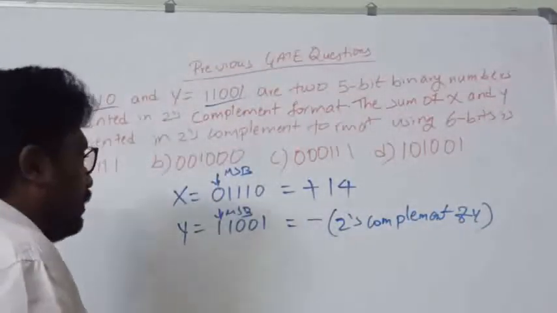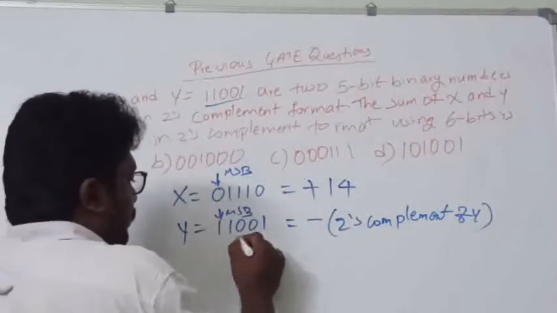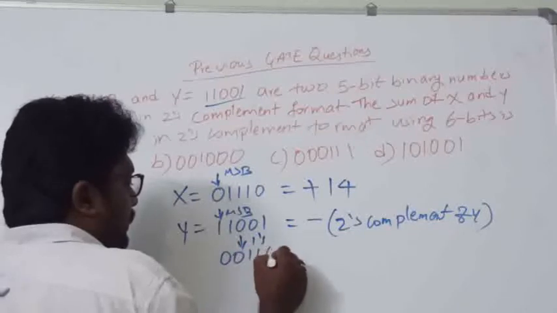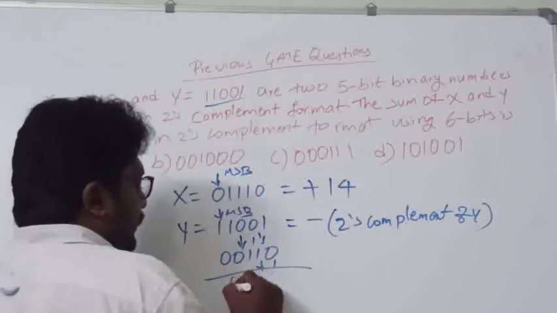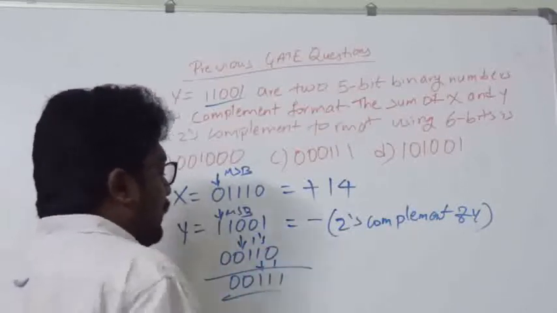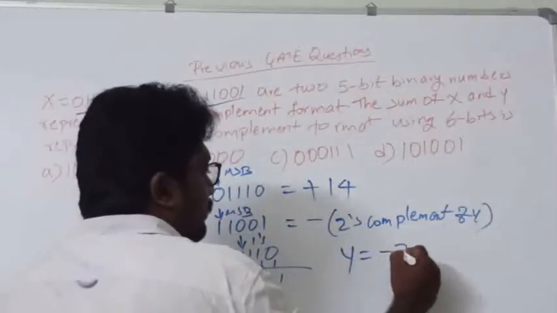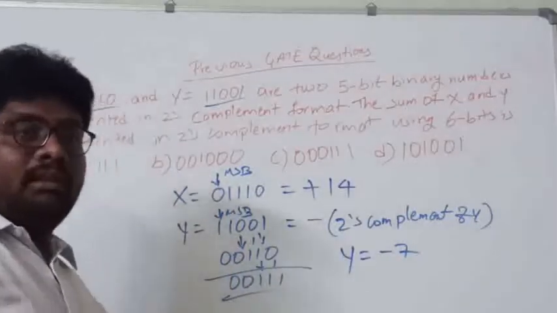So to find the 2's complement of y, we first find the 1's complement, that is 0 0 1 1 0. So add 1 to the LSB, 0 0 1 1 1 is the 2's complement. So here y is equal to minus 7.